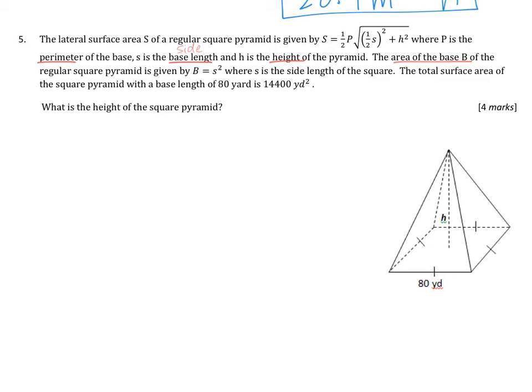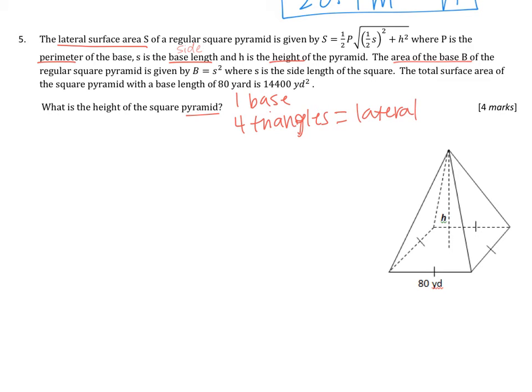All right, so the important thing to remember here is that there's two things going on. There's the lateral surface area and there's the area of the base. So if we think of a pyramid, it has one base and this one has 4 triangles. So the 4 triangles, that is our lateral surface area.